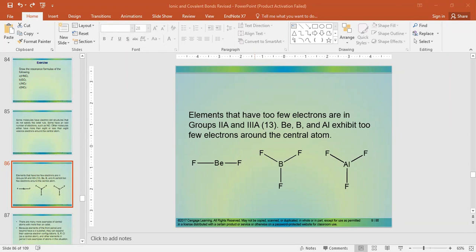Now, if you look at the other compound here, which is aluminum trifluoride, this is not the ionic compound. Remember, we said that this group of compounds can have cationic character and anionic character. So it can have ionic compounds and covalent compounds.